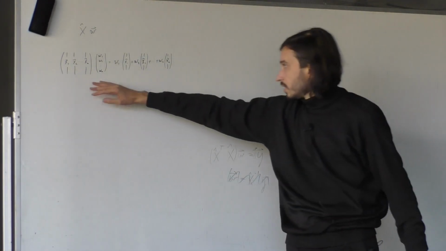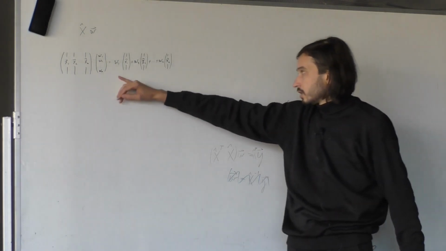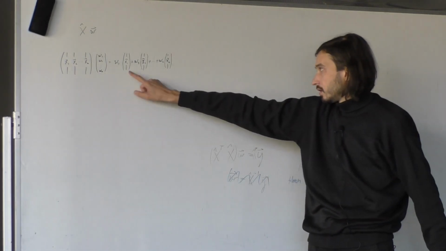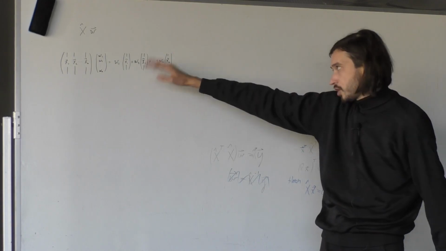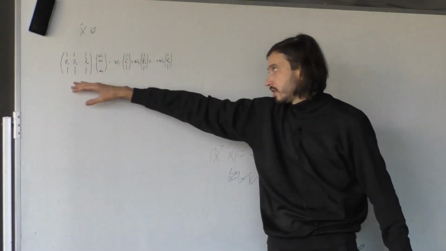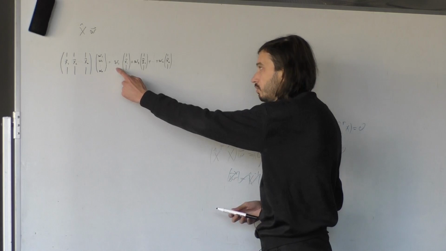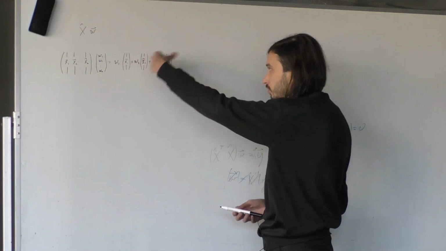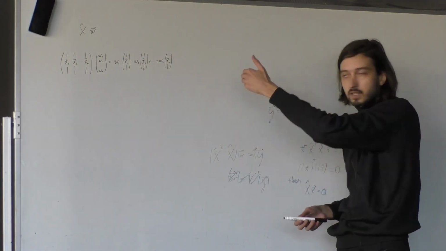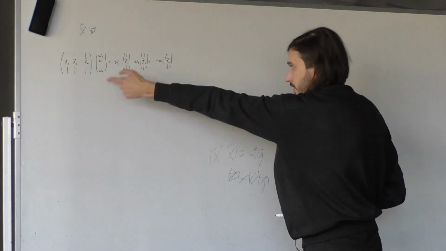Hopefully you see what happens. I'm just rewriting this in this form, so you can check that everything works as previously. I'm multiplying w1 by each component, then w2, and so on. If I add everything up, I get the vector that I expected.